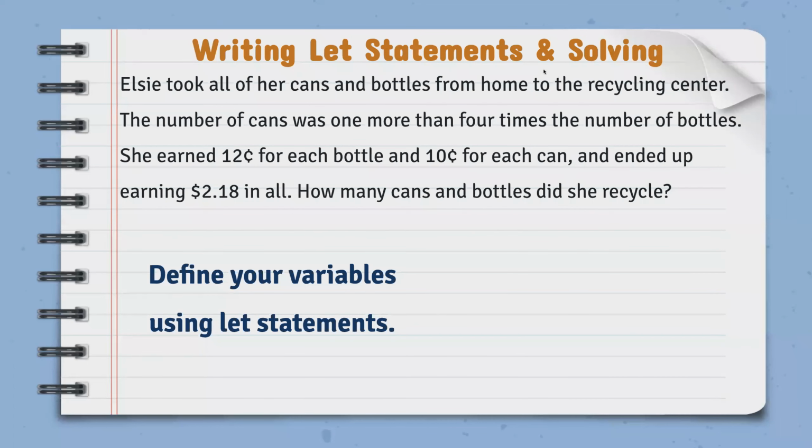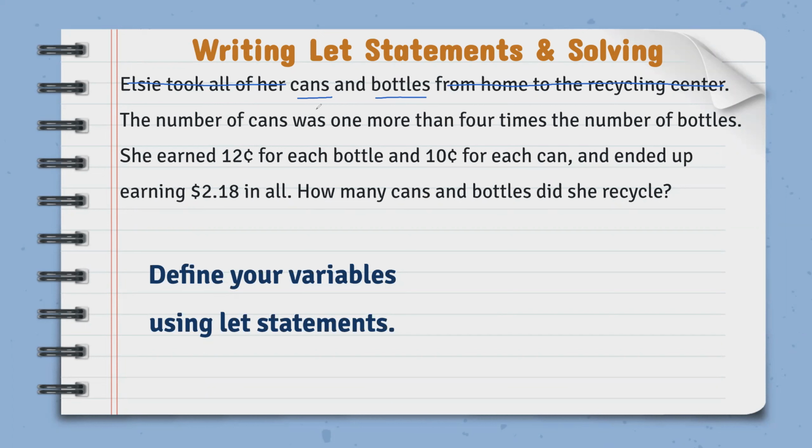So the first thing you want to do is define your variables using let statements. I know that word problems can be really difficult to decode and understand. I'm going to go ahead and underline some of the important stuff. So she took her cans and bottles. Those are the 2 things we know she is working with, cans and bottles, from home to the recycling center, right? A lot of this stuff is not important.